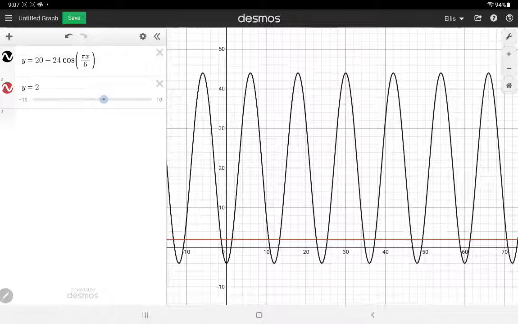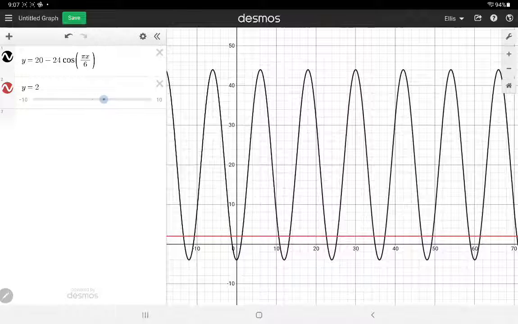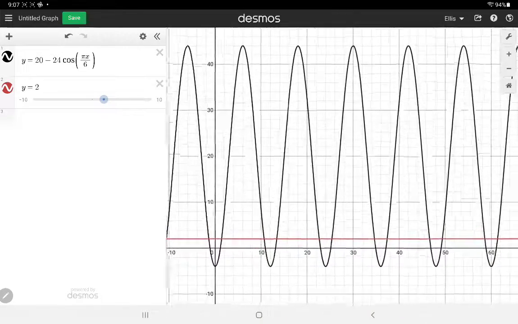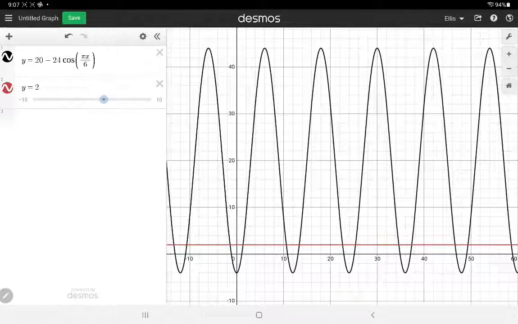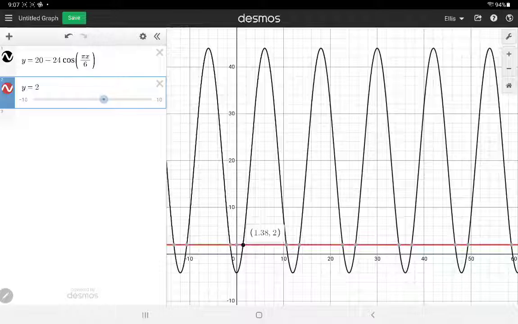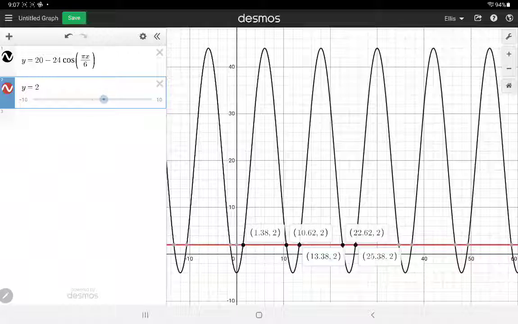And you can see this is what the picture looks like. You've got this black function here, which is modeling the function, and we've got this red line here, which is modeling the tide at 2. Alrighty. So you can see in here all of these intersecting points, and there's multiple intersecting points.